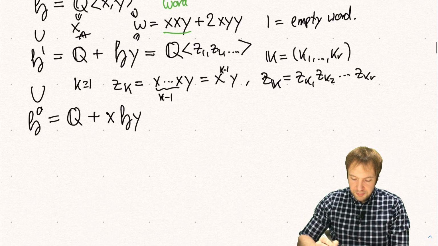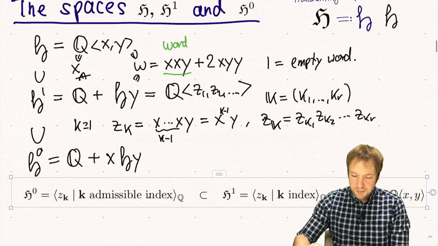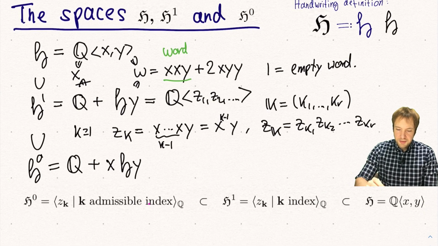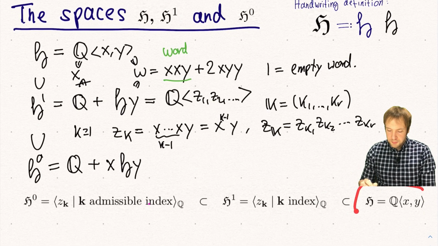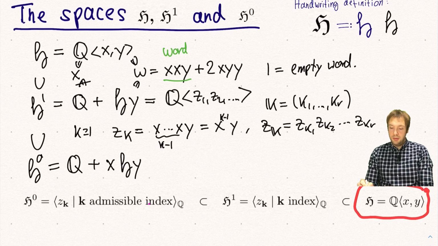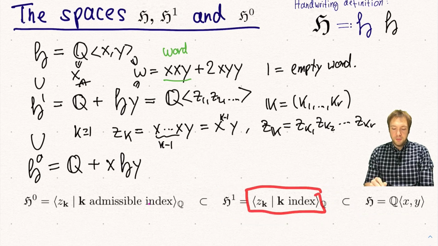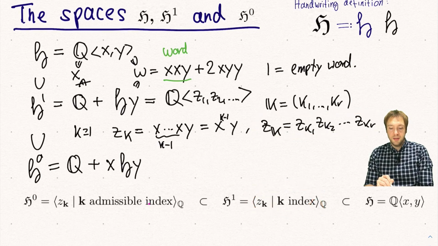So in other words, the picture we have is this one here. H is the space of all linear combinations of words in x and y. Inside this space we have H1, which corresponds to the span of all these z_k's for an arbitrary index k.